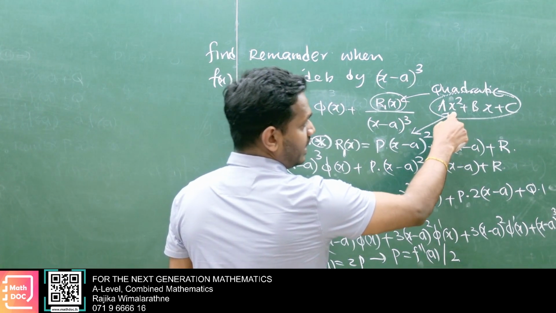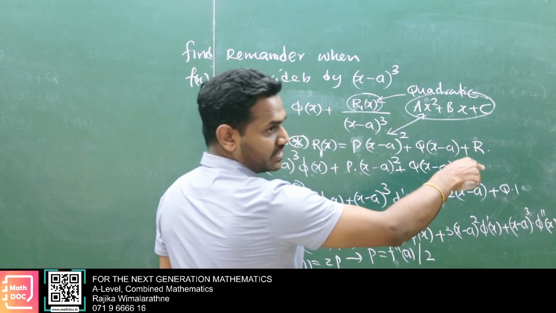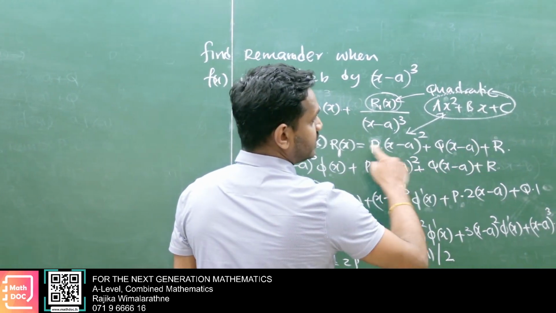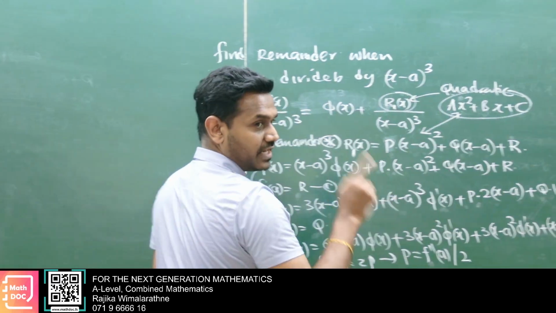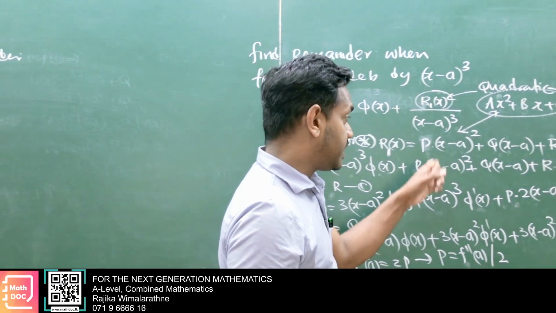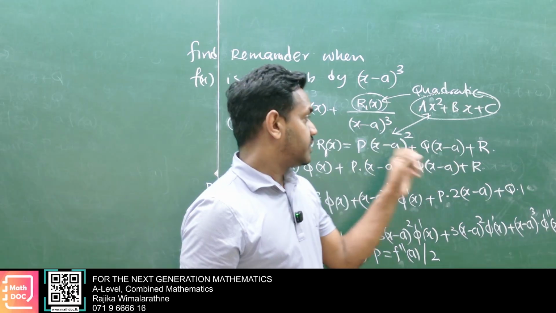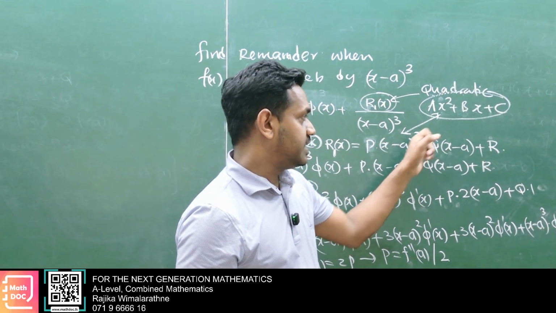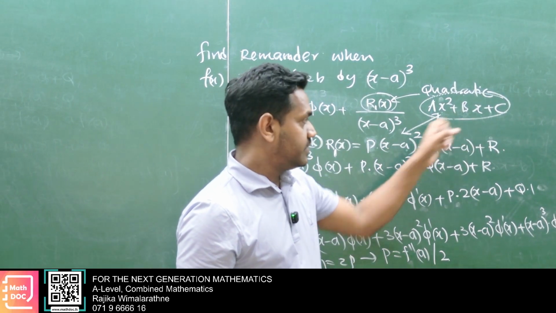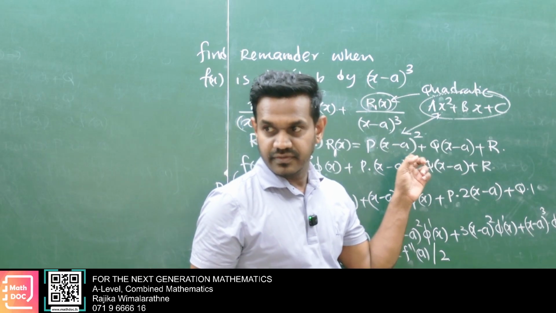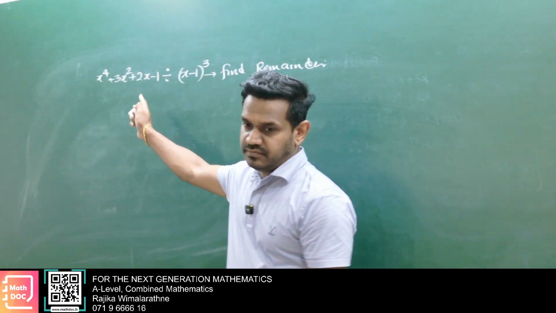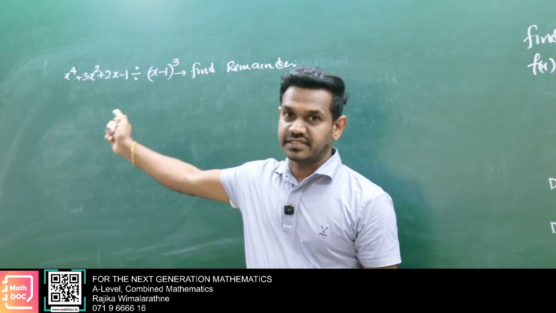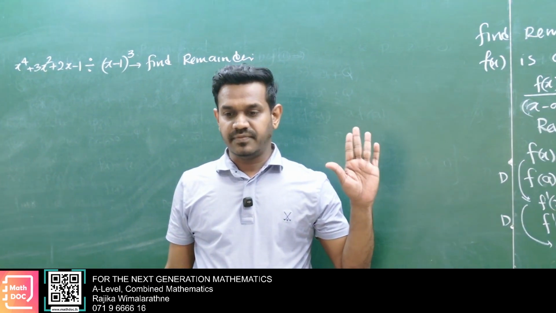But ax squared plus bx plus c is the basic one, while when we write p times x minus a squared plus q times x minus a plus r, then we can easily find the unknowns. That's why I wrote x minus a squared. So this is also a quadratic relation, therefore we can take the same quadratic relation. Okay, you try that. Try to apply differentiation here. Take time.